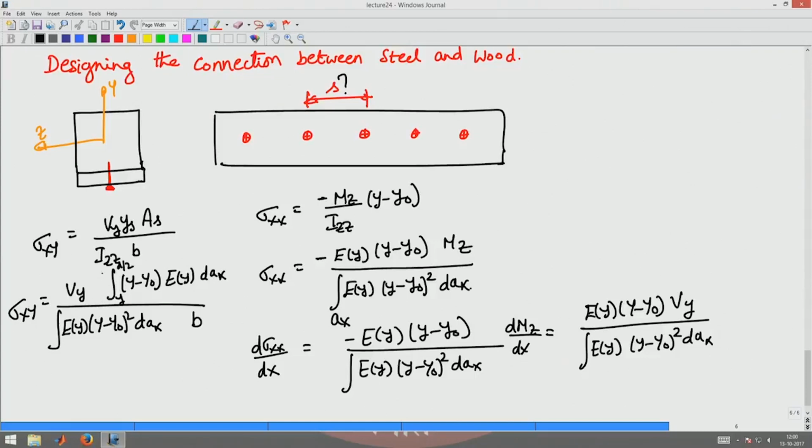If I am interested in the shear stress at this location, this will be dAxs.